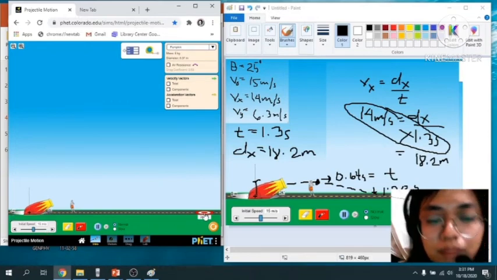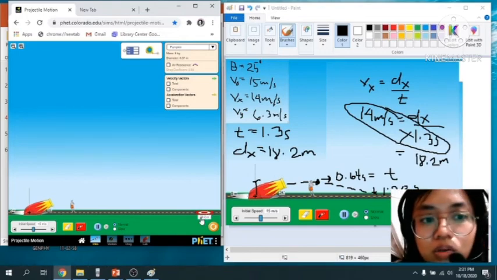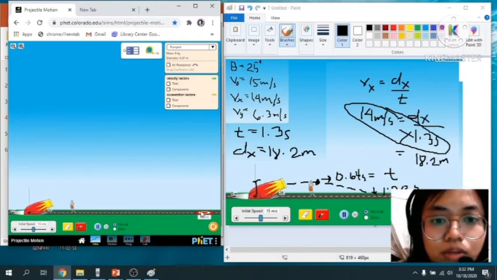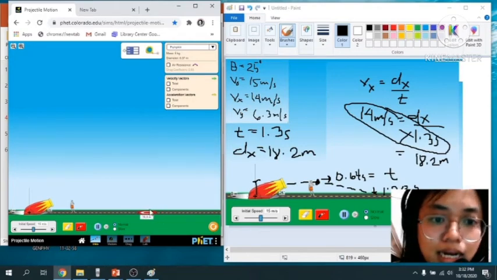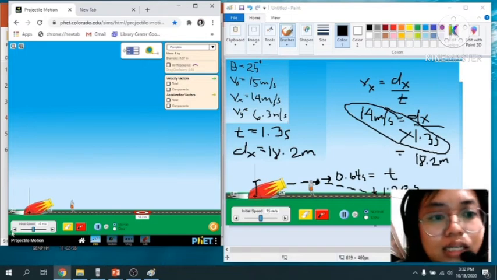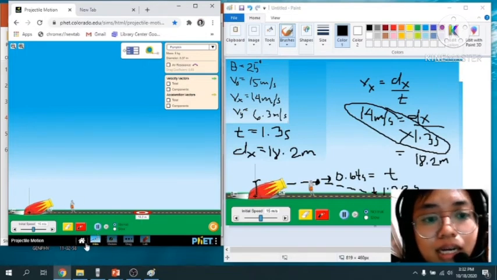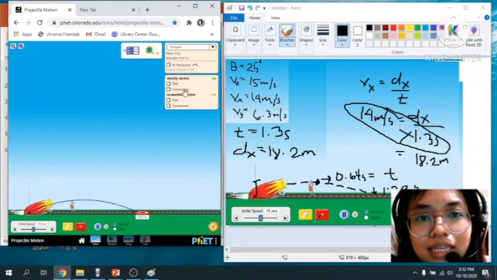This is the place where our cannonball can land. Let's place this at 18.2. How do we check if it will land there? Let's bump it in. Boom. Do you see?